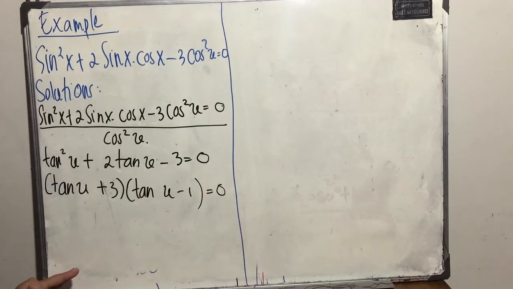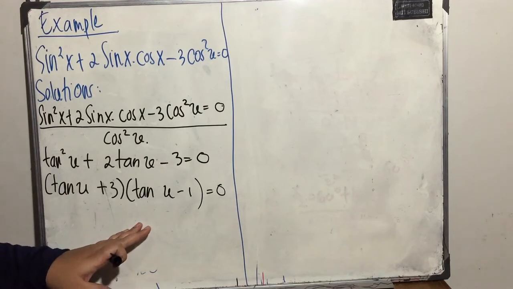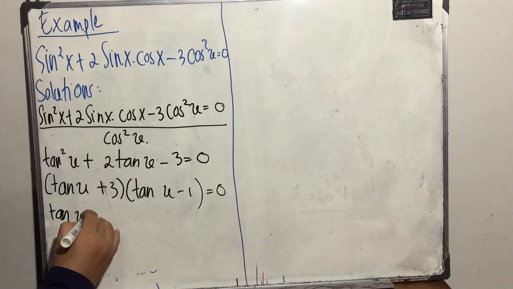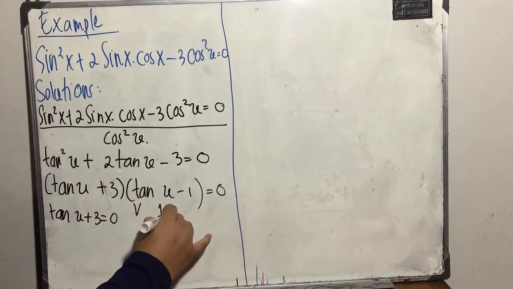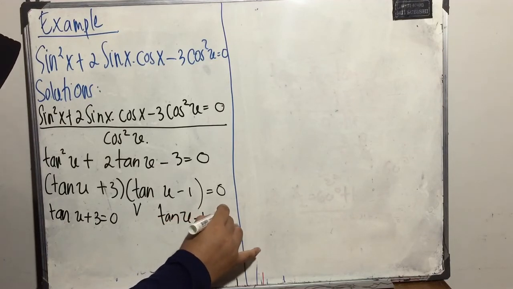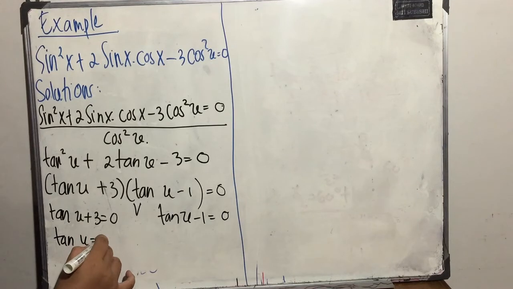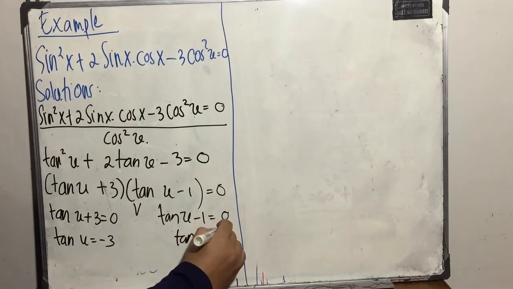Right? So from here, we can write tangent x plus 3 equals 0, or tangent x minus 1 equals 0. So from here, tangent x is equal to minus 3, and then tangent x equals 1.